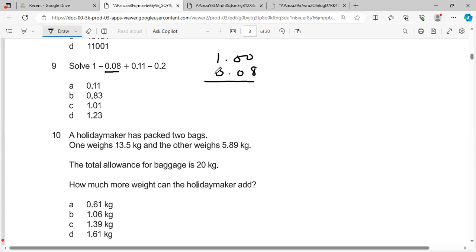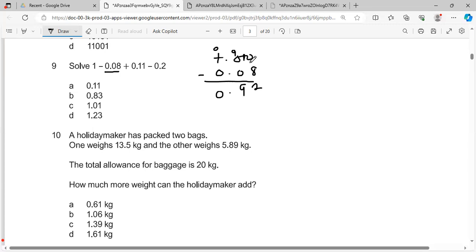So let's subtract. 8 from 0, we can't, right? Going to borrow from this one, which leaves 0. This is gonna leave 9, and then this becomes 10, right? 8 from 10, 2. And then 0 from 9 is 9. So after the first operation, we have 0.92.